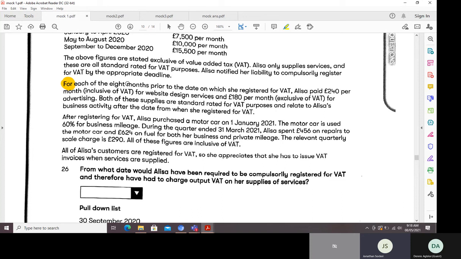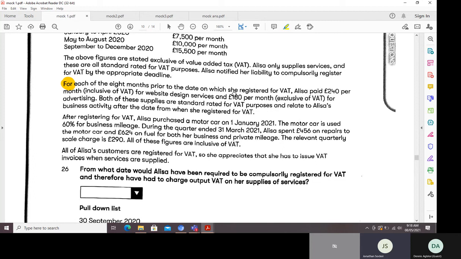Even though she incurred this for 8 months before she registered, we cannot claim all the 8 months. We can only claim 6 months of the expenses. So these are the expenses incurred.